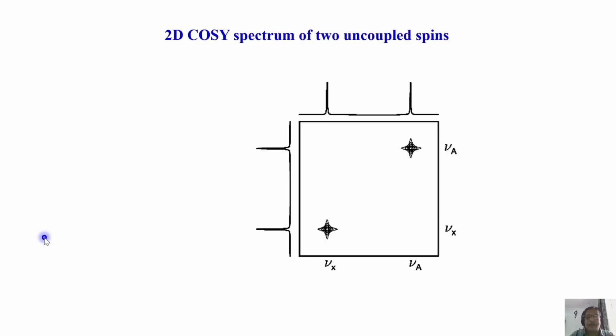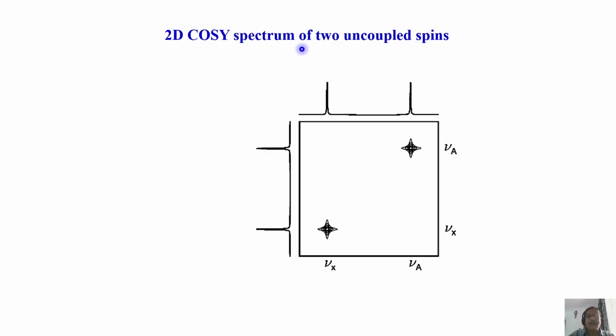Now let us take some example of a 2D COSY spectrum of uncoupled spins. Two uncoupled spins I am taking. Let us say one is precessing at frequency nu A, the other is precessing at the frequency nu X. Now when we take the COSY spectrum of this molecule, we are going to get a spectrum like this.